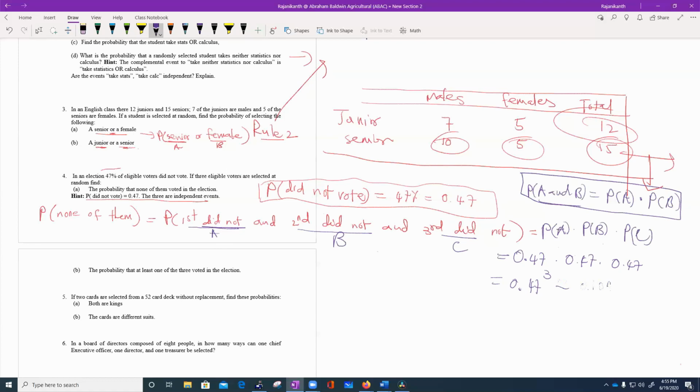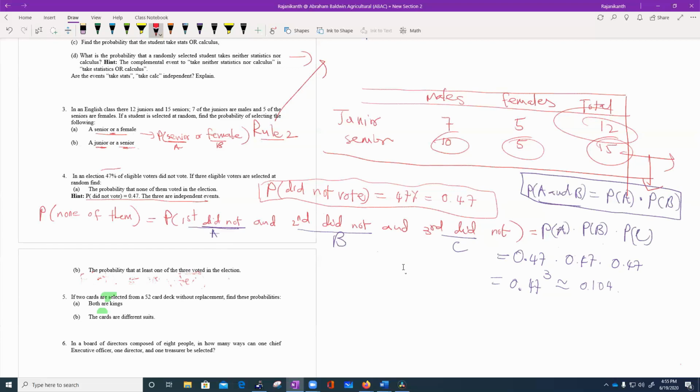But the second part is now different. Second part, the probability of what? At least one. You are choosing three, and the probability that at least one of those three voted in this election. This is the question.